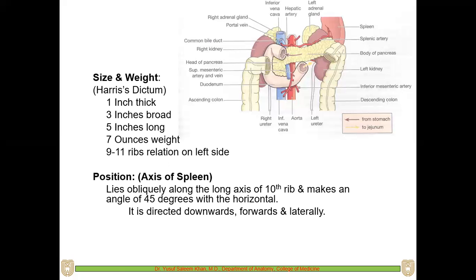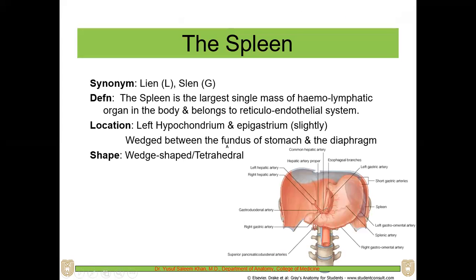Coming to the position of the spleen, it is also called the long axis of the spleen. If you put a line through the length, that is called the long axis. It lies obliquely along the long axis of the 10th rib. As I said, it is between the ninth and the 11th rib, in the position of the 10th rib, and makes an angle of 45 degrees with the horizontal.